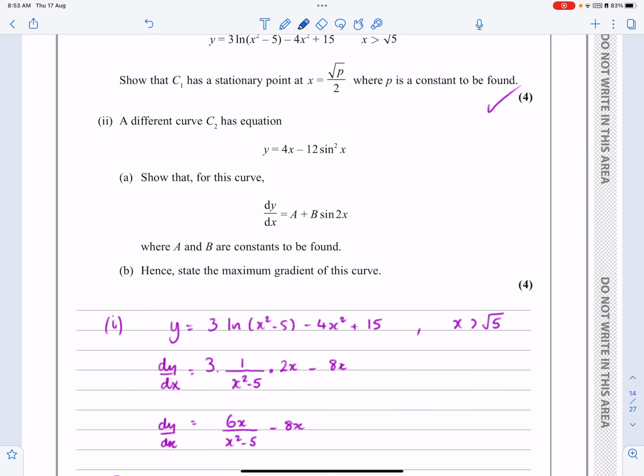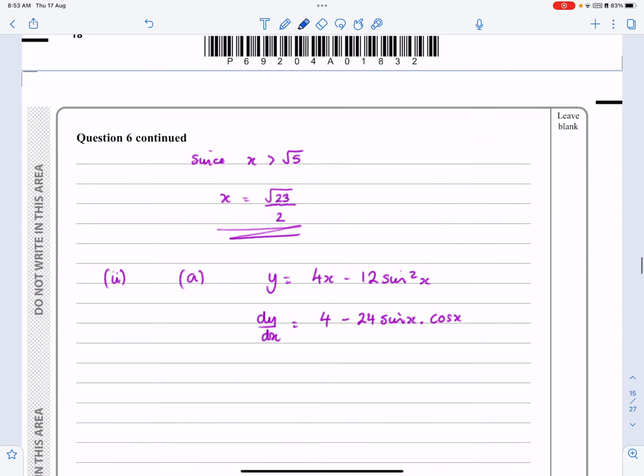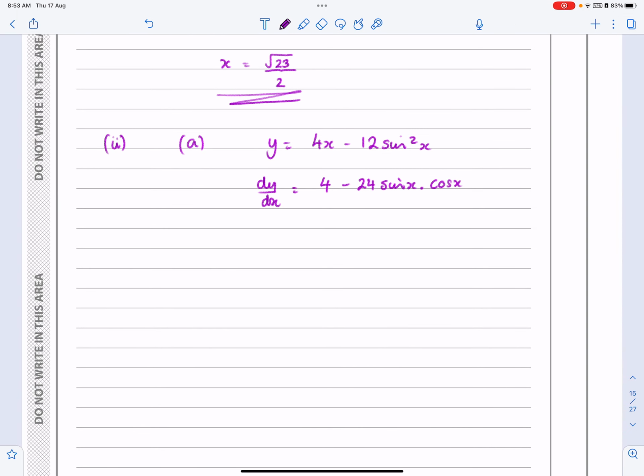So if it's in that format there, we notice sine 2x, so we're going to be using a bit of double angle work here. Really, again, by the time you're doing exams, need to be absolutely on top of this work here. This is 12 lots of 2 sine x cos x. And why have I put it like that?